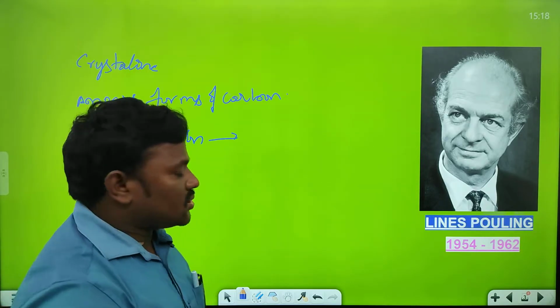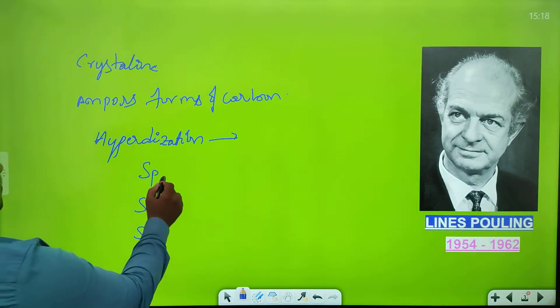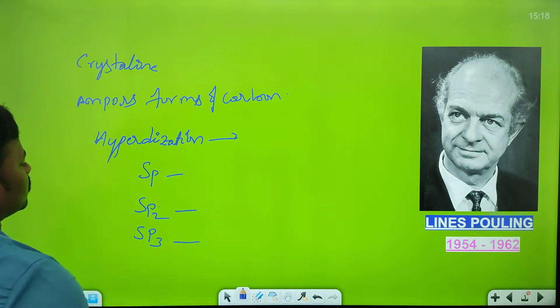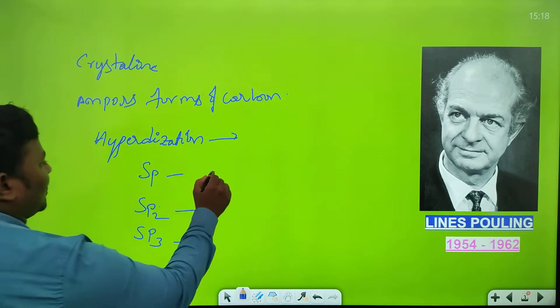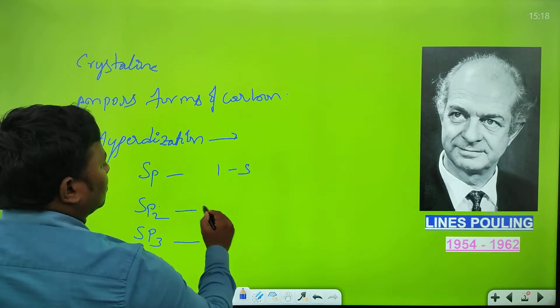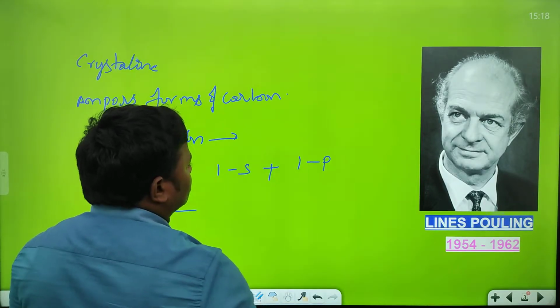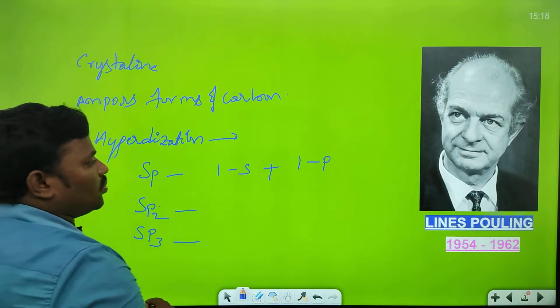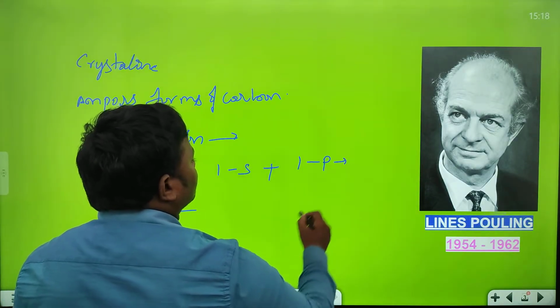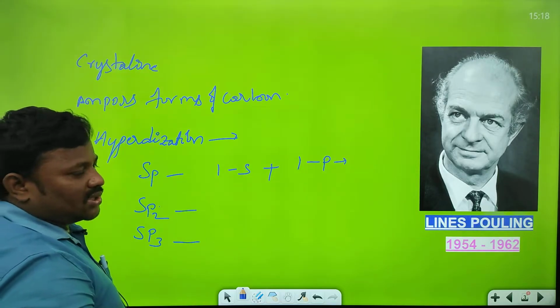Is it right? Next, sp and sp3 hybridization, how does this intermixing happen? One s orbital and one p orbital combine to form sp hybridization.